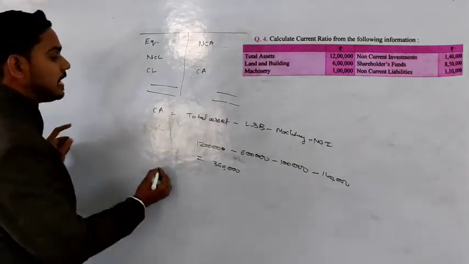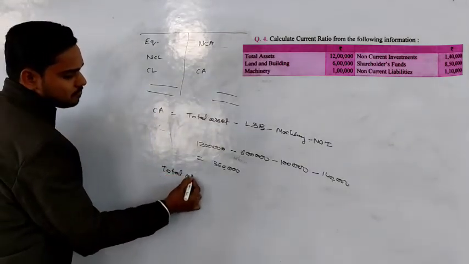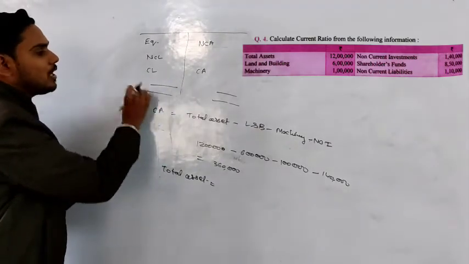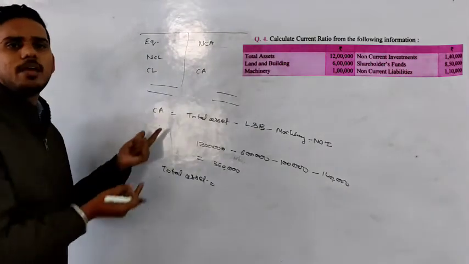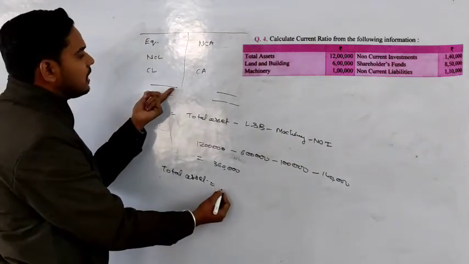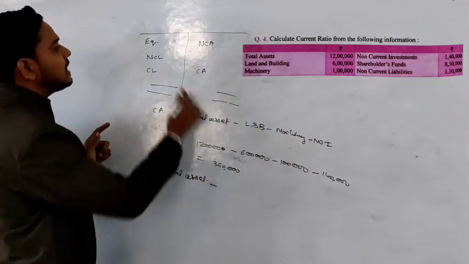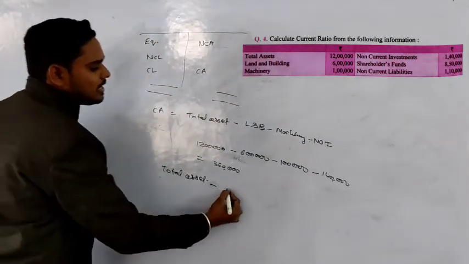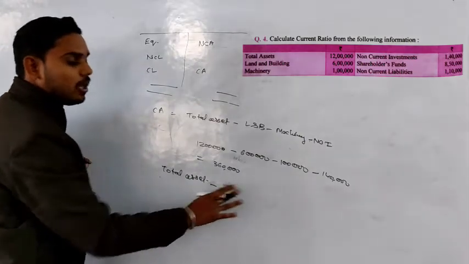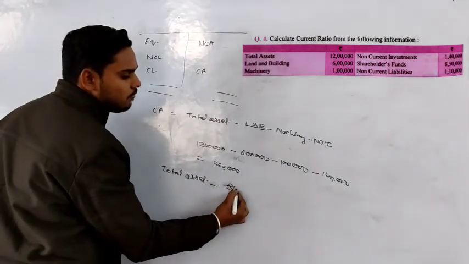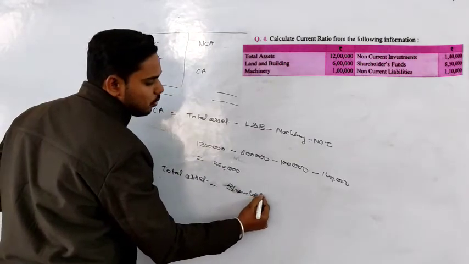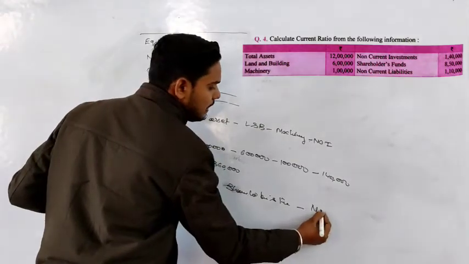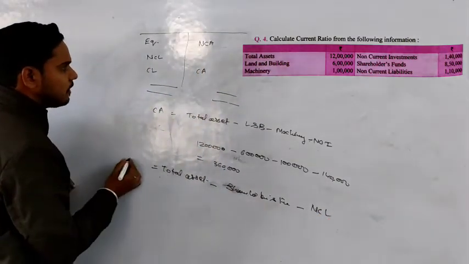So if we deduct equity and non-current liability from the total asset, can we find current liability? Yes, we can. So total asset minus equity, but that is shareholder fund in the question, so write the same words given in the question. Shareholders fund, and we need to deduct non-current liability as well. So this will be current liability.